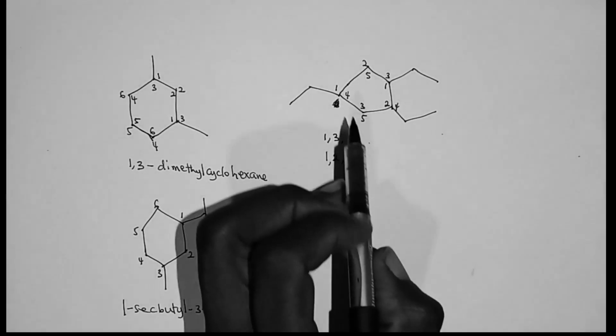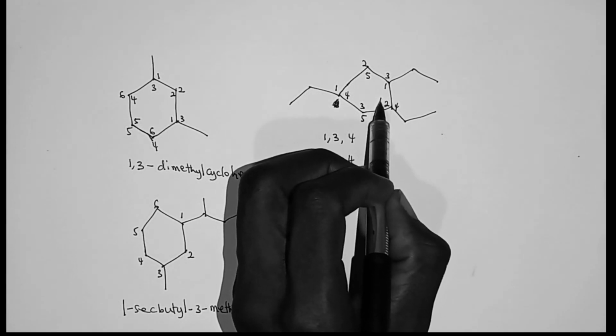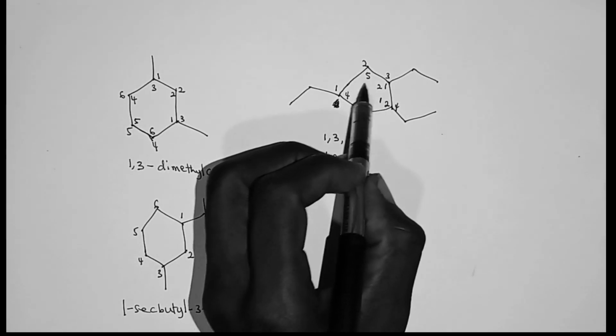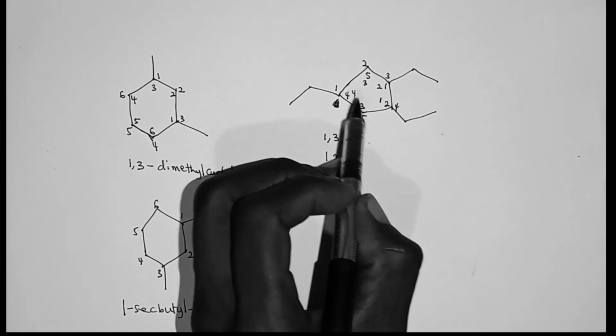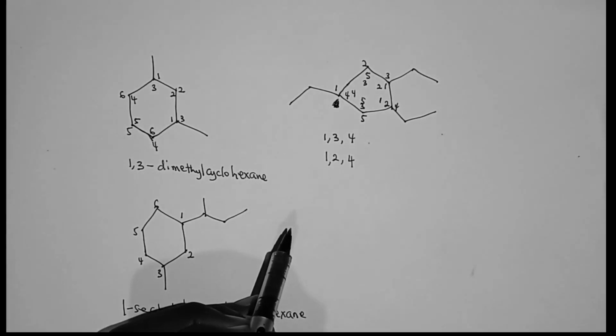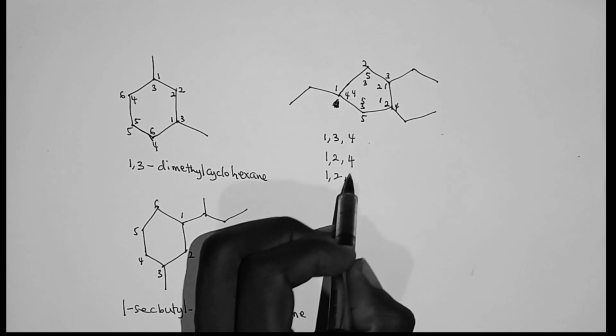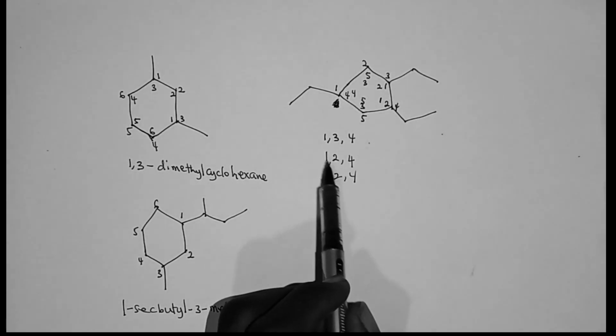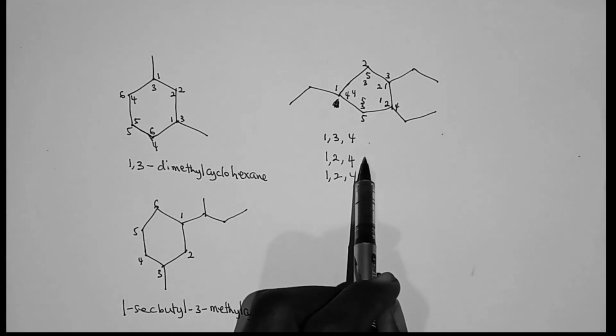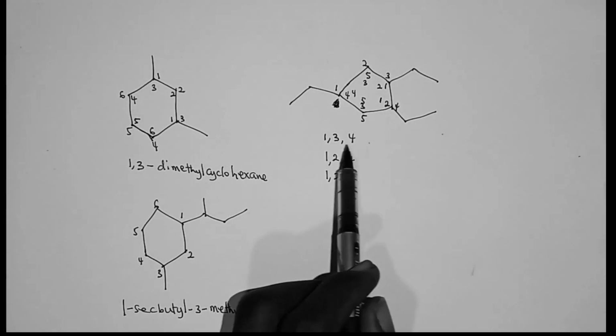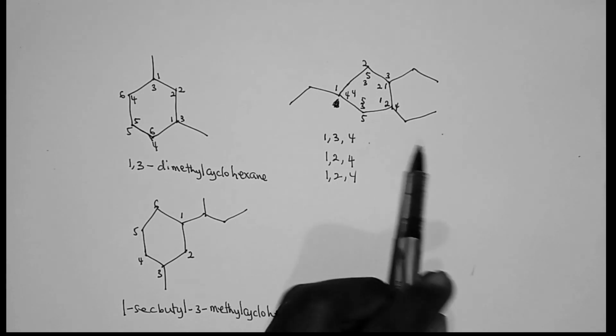Then we can also start from the reverse, that is starting from here. 1, 2, 3, 4, 5. And in that case too, the substituents are still 1, 2, 4. So you see that 1, 2, 4 gives us the lowest numbers compared to 1, 3, 4.